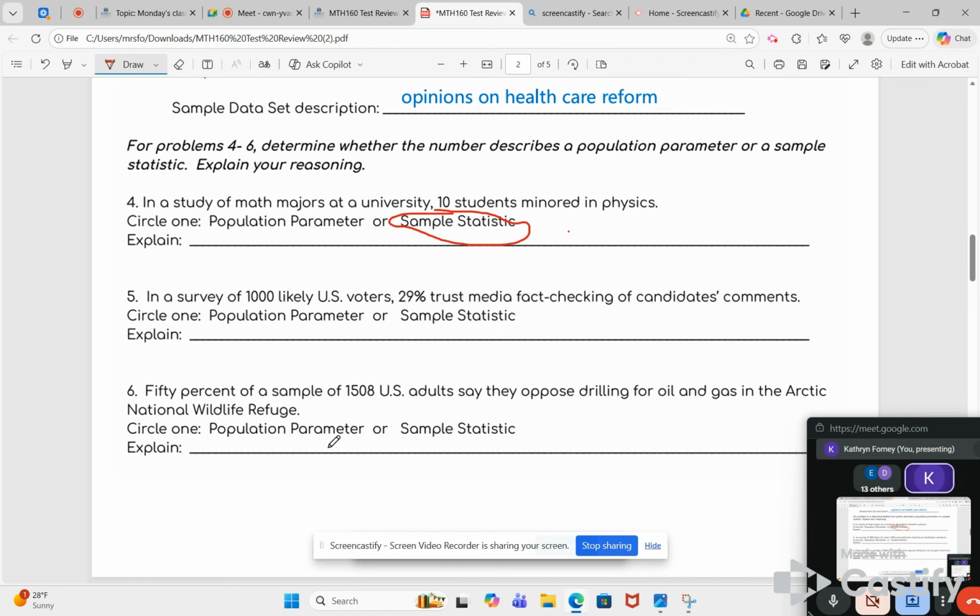And it's a portion. In a survey of 1,000 likely voters, 29% trusted media fact checking. So, is this a sample or the population?